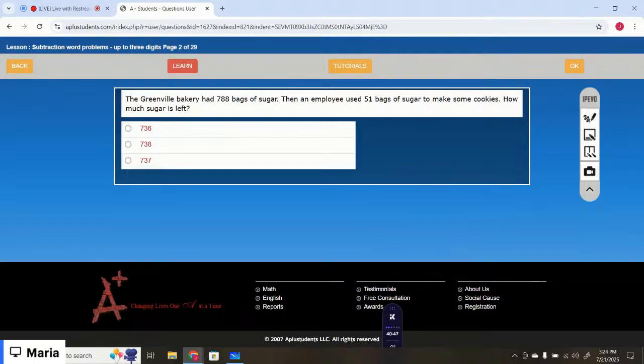The Greenville bakery had 788 bags of sugar. Then an employee used 51 bags of sugar to make some cookies. How much sugar is left?